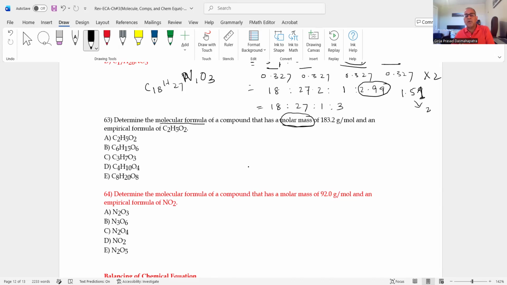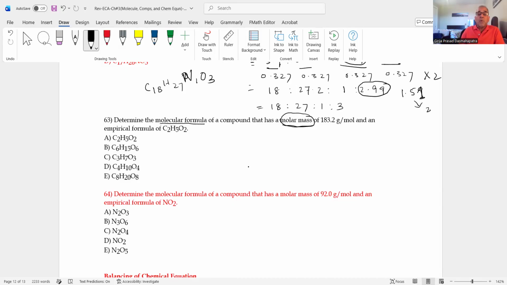But here we are trying to find out the molecular formula, and I'm saying that you need to have the molar mass. Actually, you can find out the molar mass experimentally without knowing the molecular formula. That's a separate topic. It is a very standard chemistry technique or experimental method by which molar mass can be found out without knowing the molecular formula.